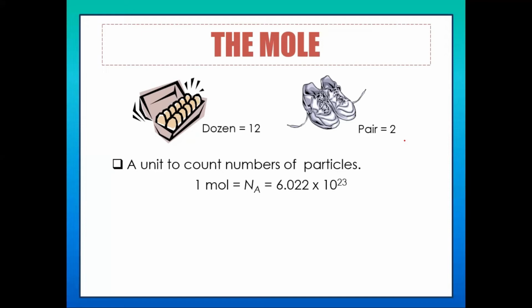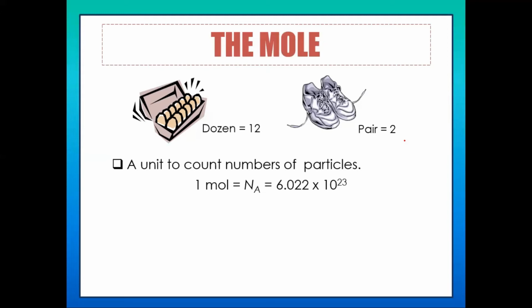For example, 1 mole of table salt gives you 6.022 times 10 raised to 23 sodium chloride units. 1 mole of gold gives you 6.022 times 10 raised to 23 gold atoms. 1 mole of sugar is 6.022 times 10 raised to 23 sugar molecules. And 1 mole of water is still 6.022 times 10 raised to 23 water molecules.